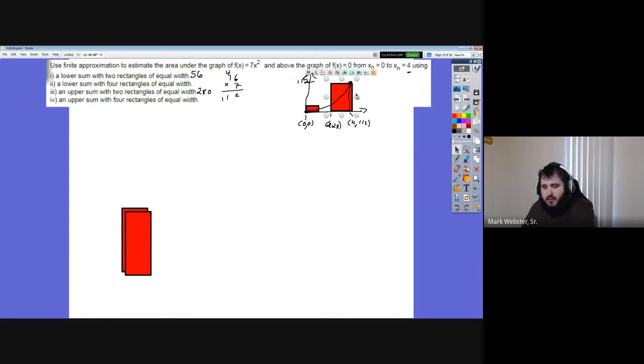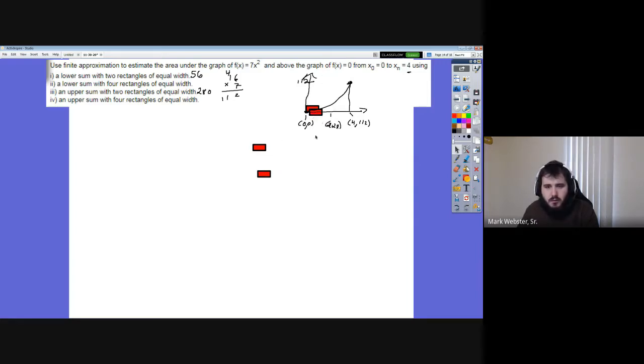Let me delete all these because I don't want those though. I want to have all these have the same width. So look, now with 4 rectangles, wrong thing here. With 4 rectangles, look what's going to happen. So let's start with the lower sum again this time.